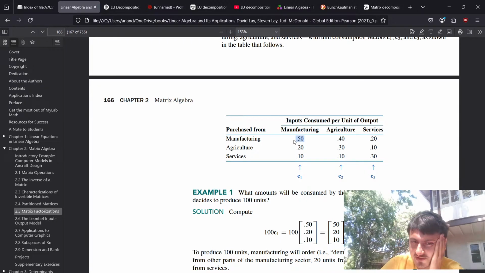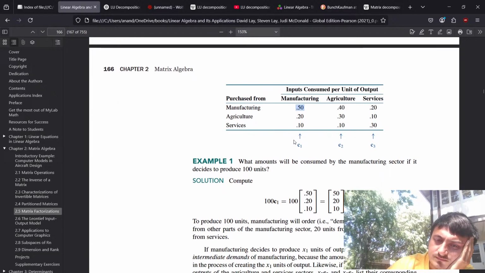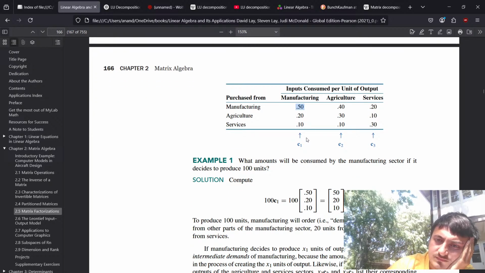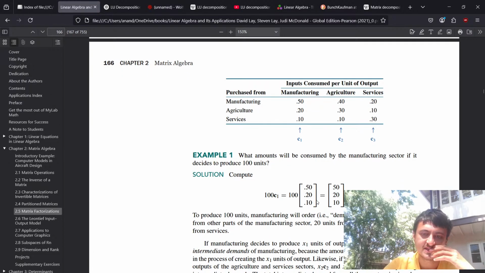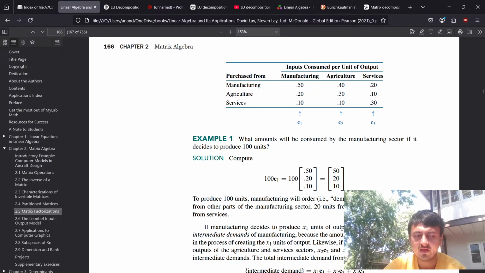Those diagonal entries are weird. There's agriculture to support agriculture. There's manufacturing to support manufacturing. And the input of services is more services. It's just kind of interesting. You would think that maybe those diagonal entries are 0 or something.